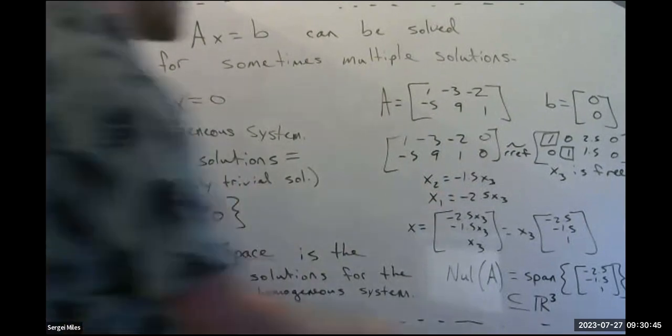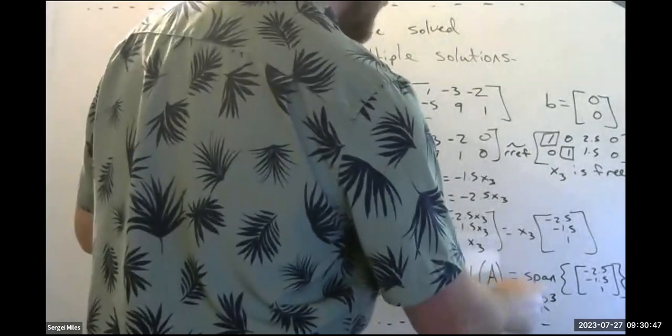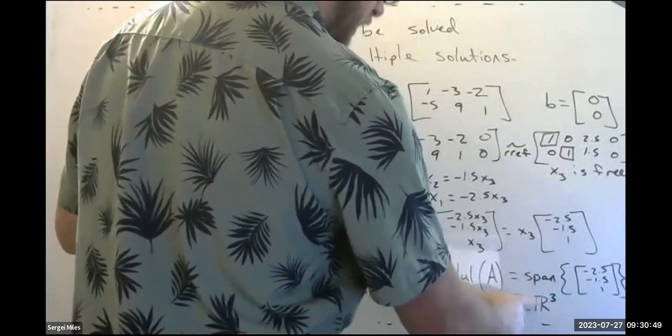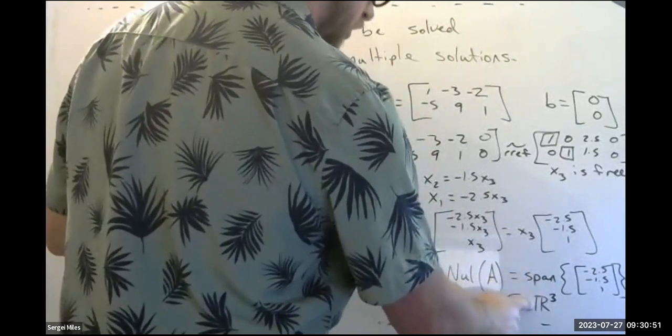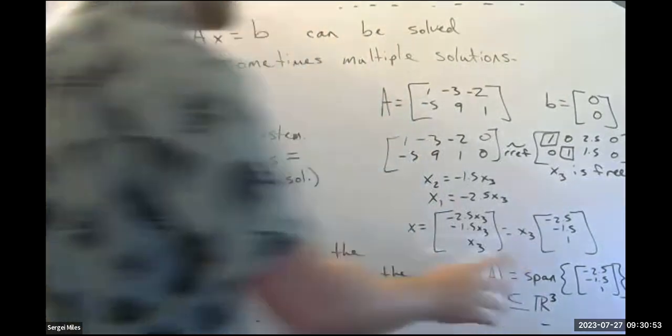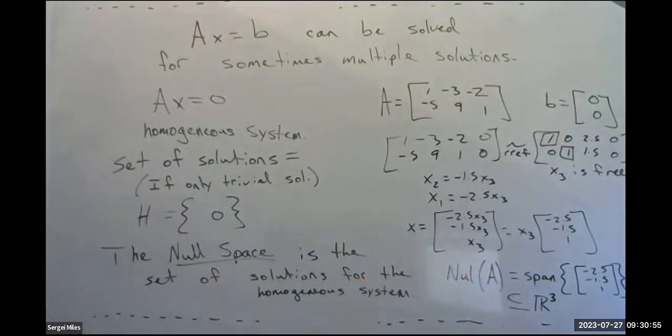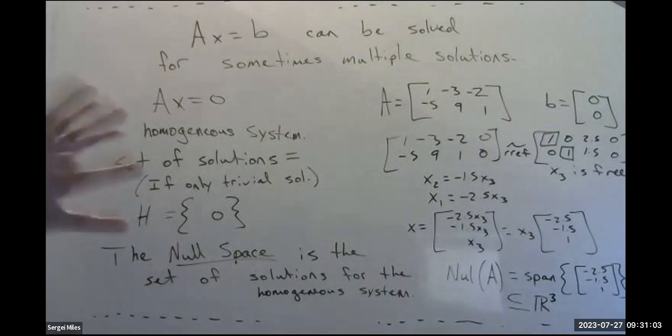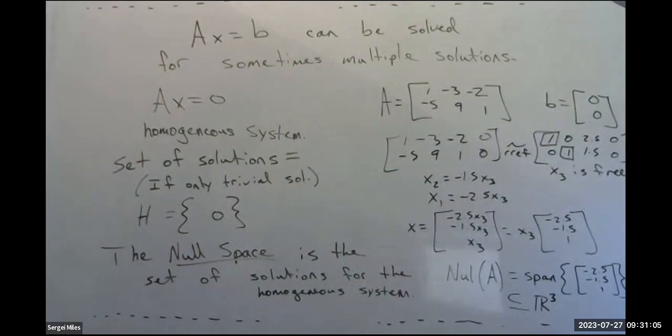Now, it just so happens that this line exists in R3. So this is a subspace of R3, but the subspace is not three-dimensional. It's just a line that's inside of R3. So it's a one-dimensional subspace that is inside of R3, right? So I want to be really clear about that here. Okay. So we can now clarify our definition here.